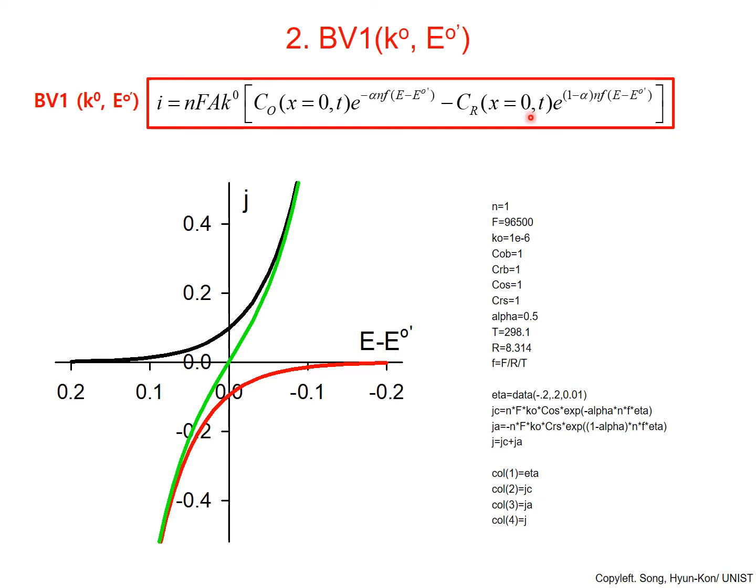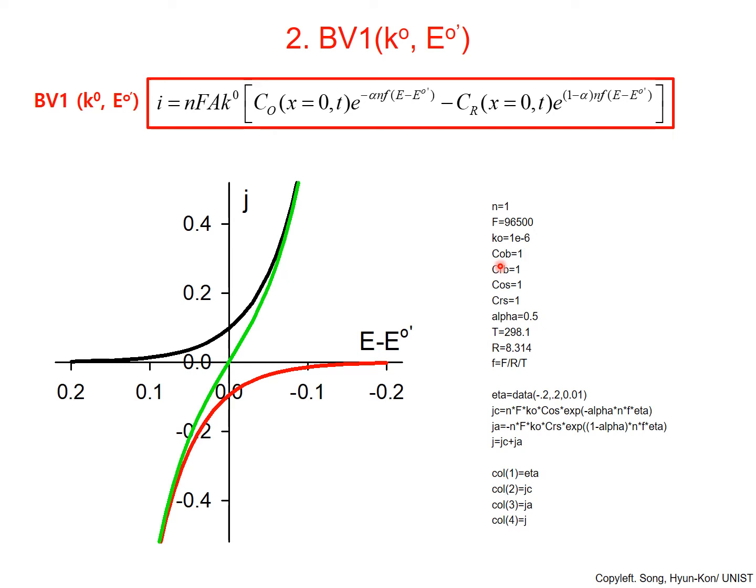This simulation is obtained by those simple values, and the number of electrons transferred was assumed to be 1. Faraday constant, of course, 96500, and the standard rate constant was assumed to be 10 to the minus 6 centimeter per second.